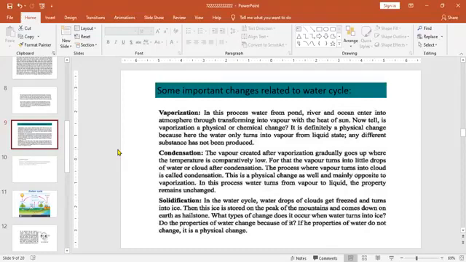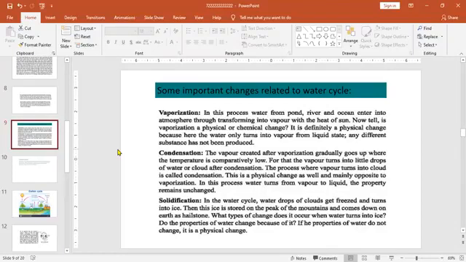One is solid, another is liquid and another is gaseous, but the chemical composition of water remains the same. It is definitely a physical change, because here the water only turns into vapor from the liquid state and a different substance has not been produced.